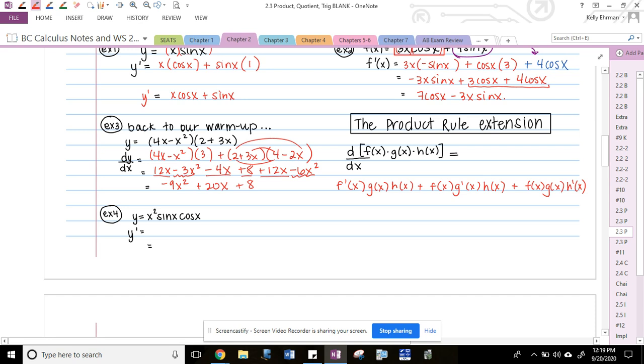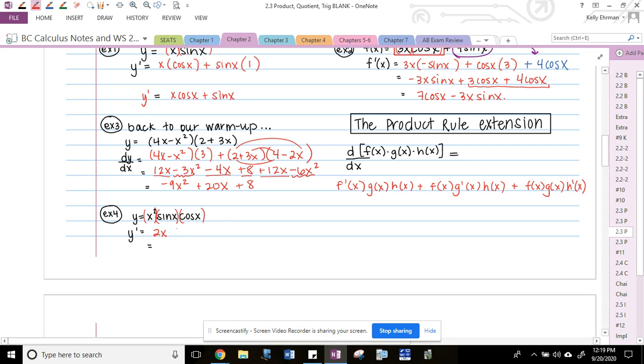All right, let's apply that to this. So we have x squared, sine x, cosine x. So let's go with what I wrote down here. So the derivative of x squared is 2x multiplied by the derivative of sine x, which is cosine x, times the derivative of cosine. Oh, what am I saying? Sorry, guys. Got carried away. Derivative of x squared is 2x.